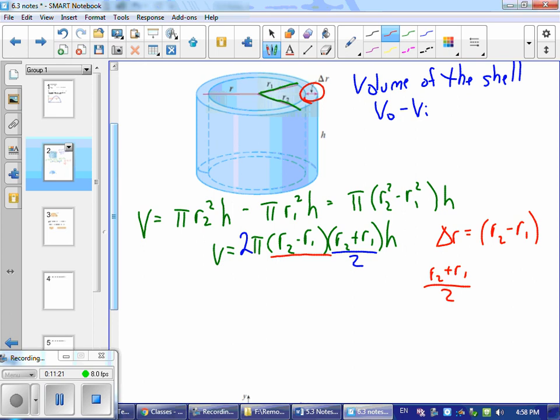If I have that thickness become really, really small, so the thickness is becoming very thin, just like when we dealt with dx, just like when we dealt with dy and stuff like that in AB and BC, we're going to let the thickness of that shell become super thin. If that's the case, and the difference between the two R's is really tiny, then the average of those two R's is really going to be called just R.